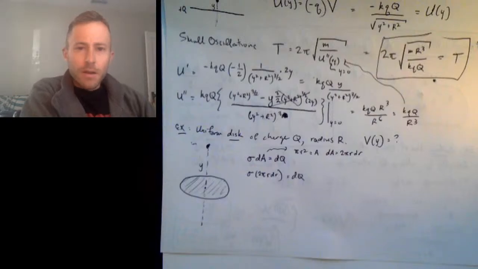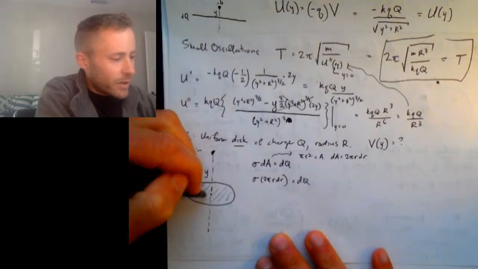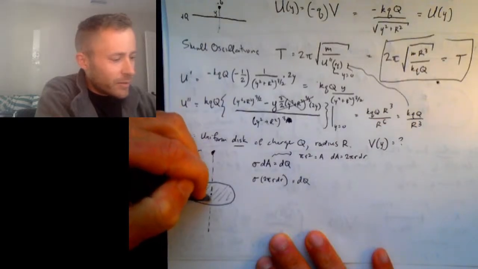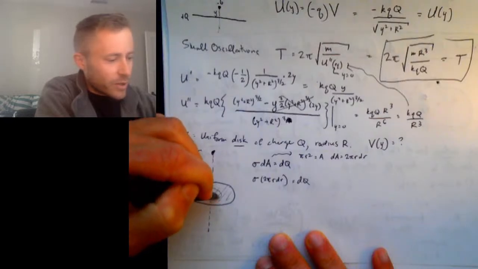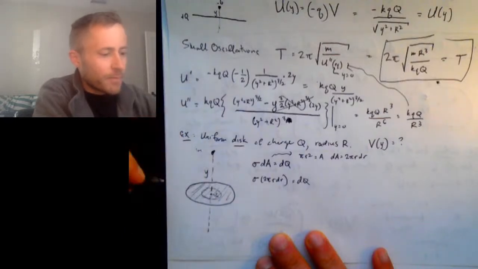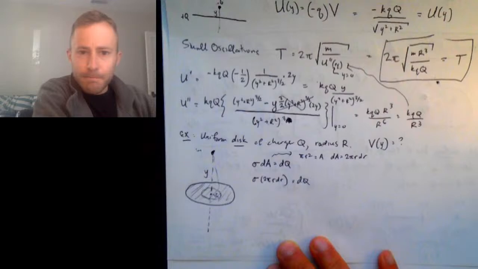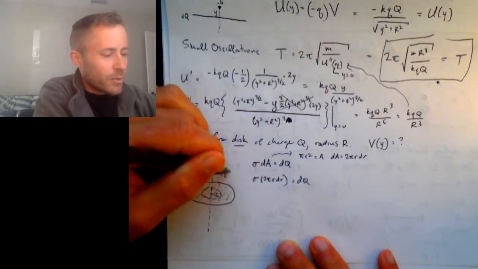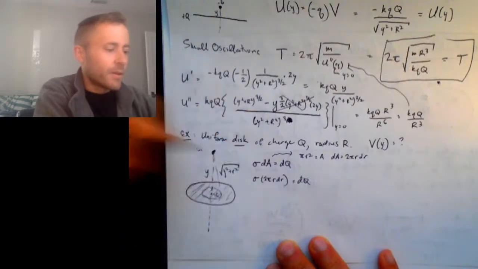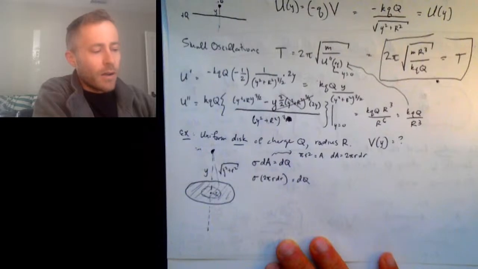Okay. And then what I want to do is I want to imagine a little tiny ring of charge right here. And that ring of charge has radius little r. And we know that the distance of this ring from the point P is going to be square root of y squared plus little r squared.